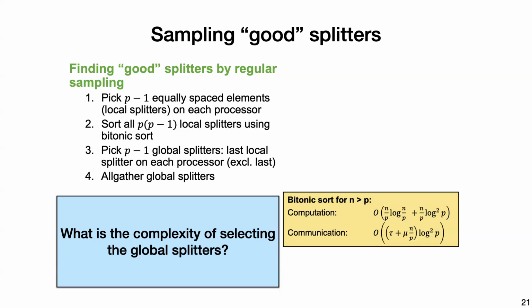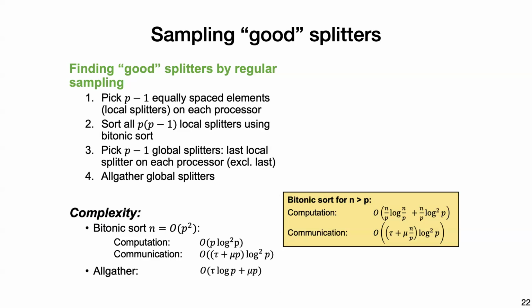Recall the cost of bitonic sort: if you have n greater than p, then the computation complexity is local sort time plus n over p times log squared p, and the communication time is tau plus mu times n over p times log squared p. So the complexity of selecting the global splitters is just the cost of the bitonic sort for p squared elements.